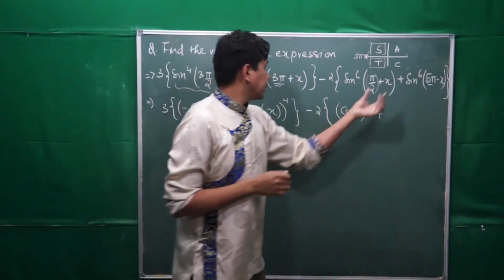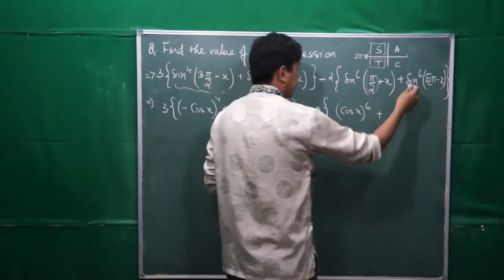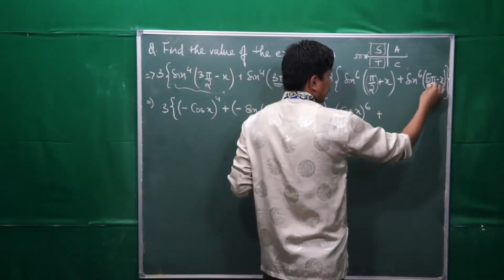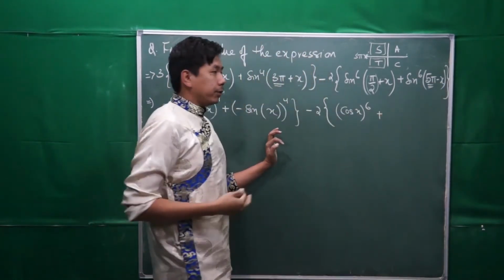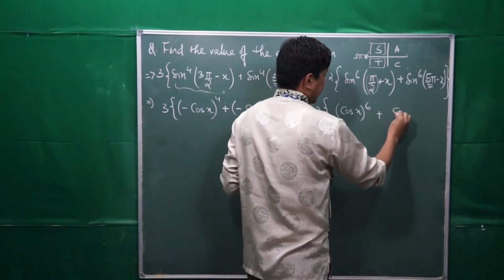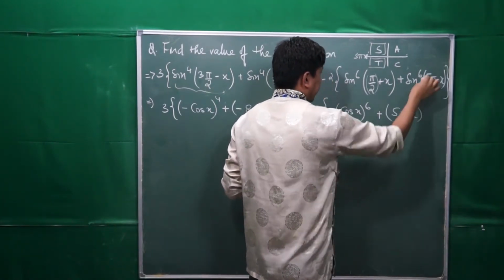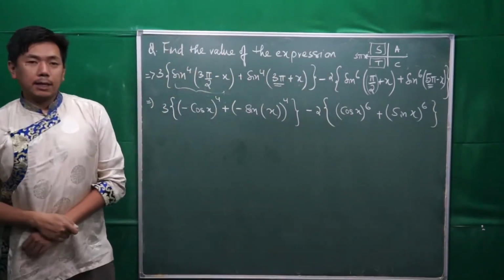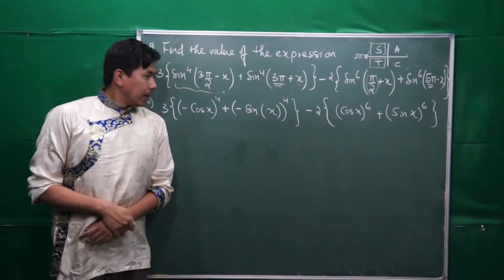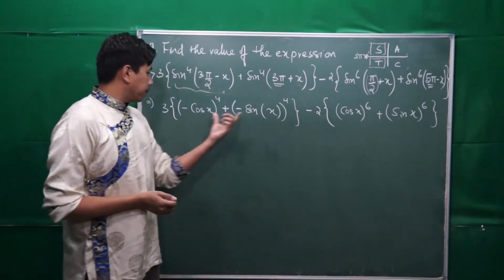Since it is in the second quadrant, it will be positive. Not just positive, it is an even multiple of pi by 2. Therefore, sine will return as it is, sine x. Now the power is 6 and the curly brackets closed. Simple.